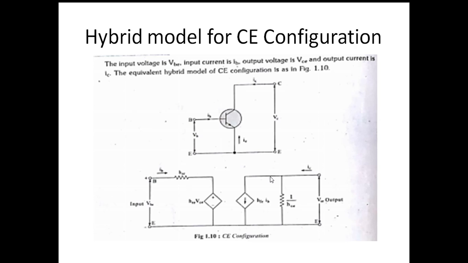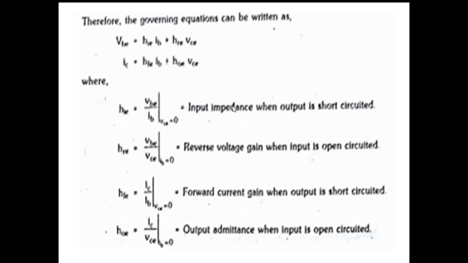IC is equal to HFE IB plus HOE VCE. So what is this IC? This is the output current from this circuit. Output current is equal to the combination of two currents, one is HFE IB and another one is HOE VCE.